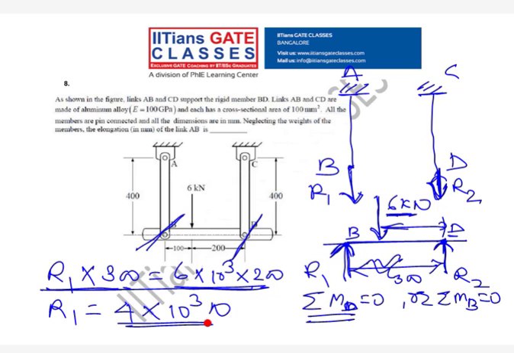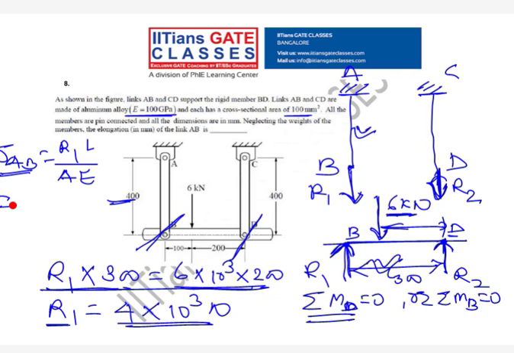Now guys, once you know R1, I can find delta AB. What will be delta AB? R1 L upon AE. Length is given as 400, area is given as 100, E is given as 100 gigapascal. Please find out delta AB.